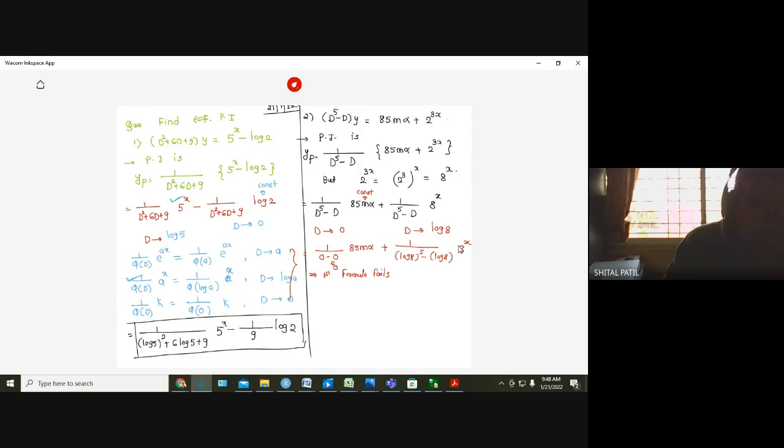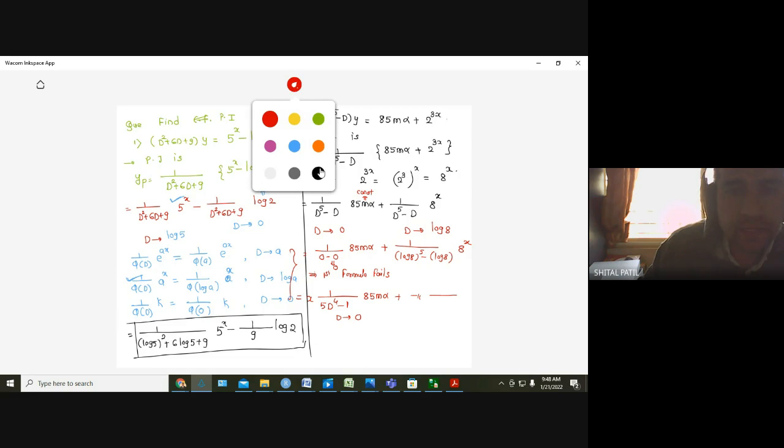Very good. The first formula fails. Very simple. So what should be done? x and derivative. No change in this term. Again you replace d by 0. Now see what we are getting.